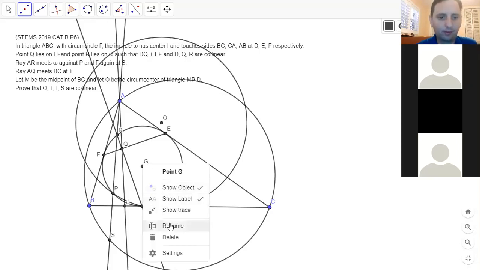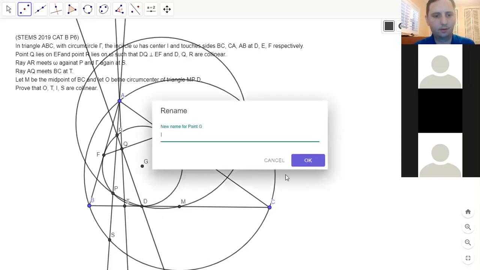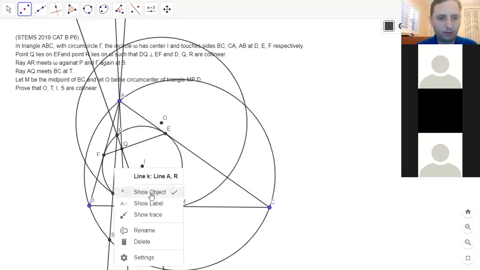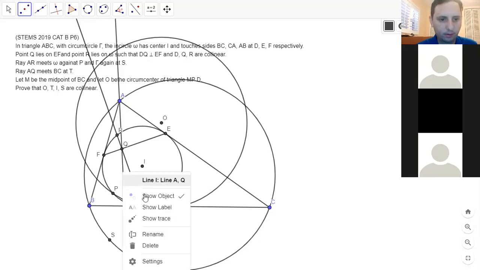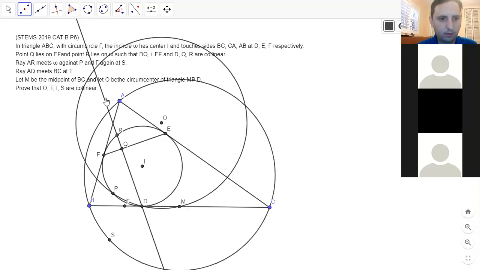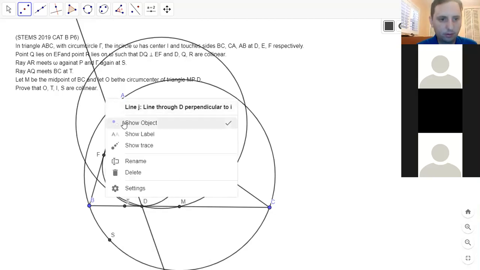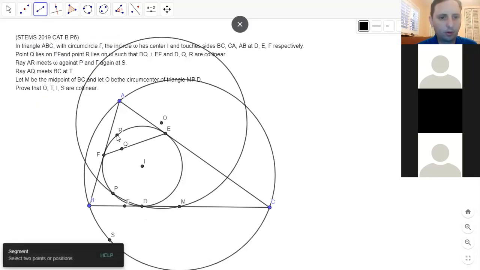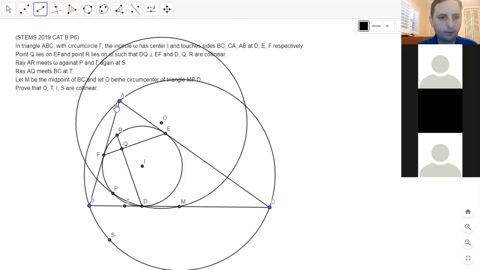So I see a lot of stuff in the chat. Hold on one sec. Let me hide. I think that I, T, S collinearity is well known. So the fact that I, T, and S are collinear is kind of well known.